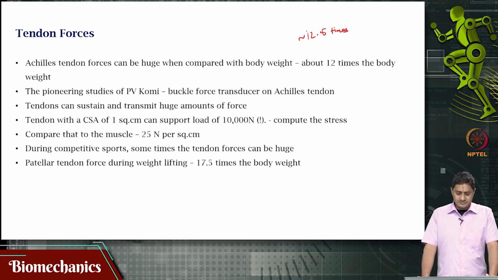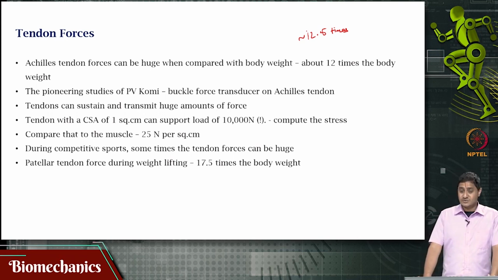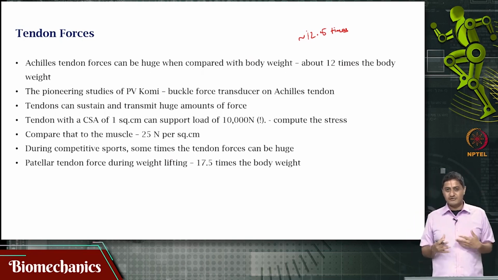Compared with the muscle, a muscle stress usually is about 25 Newton per square centimeter of physiological cross sectional area. So, the stresses that are felt and overcome by tendons are very high when compared even with the muscles. Muscles are big, right. This is of course because muscles are big, but not just that.